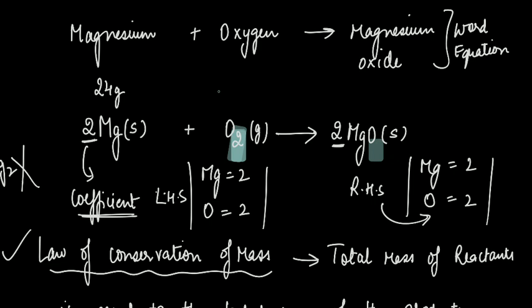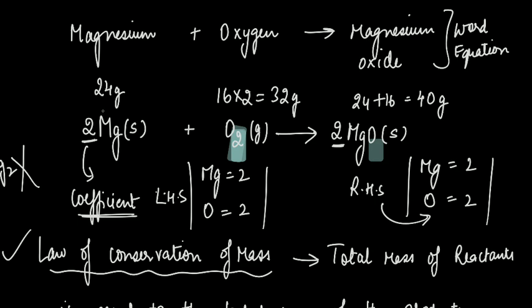Oxygen's gram atomic mass is 16. I'm multiplying with 2 because we have 2 atoms of oxygen over here. So this will be 32 grams. Then if we take magnesium oxide, we need to add the masses. So 24 plus 16, this will be 40 grams.